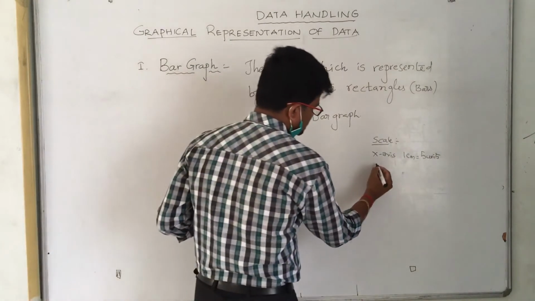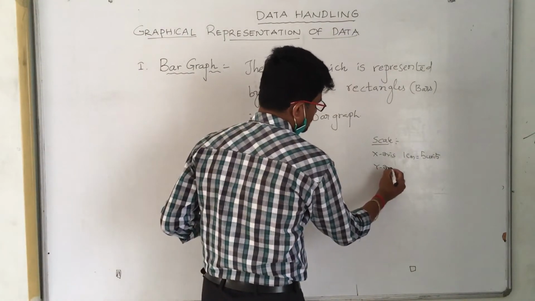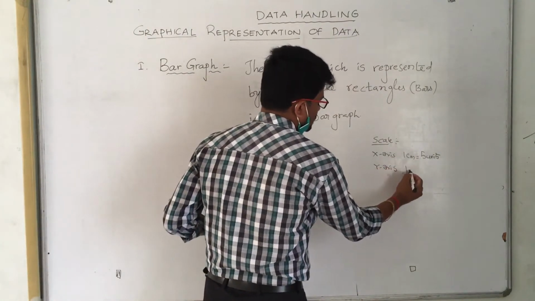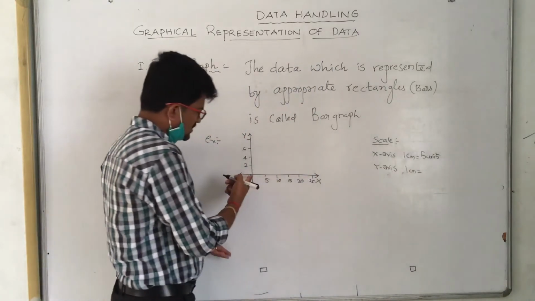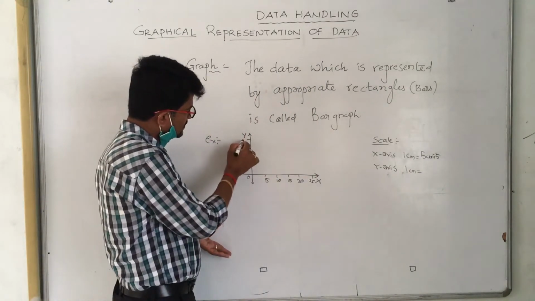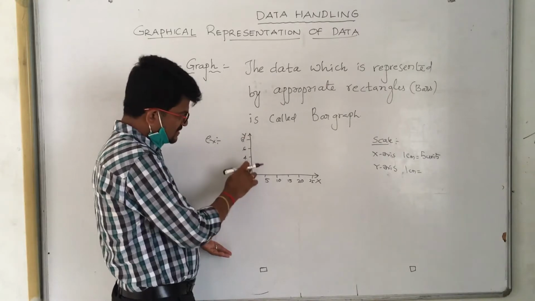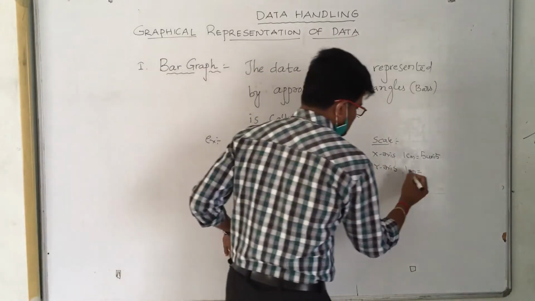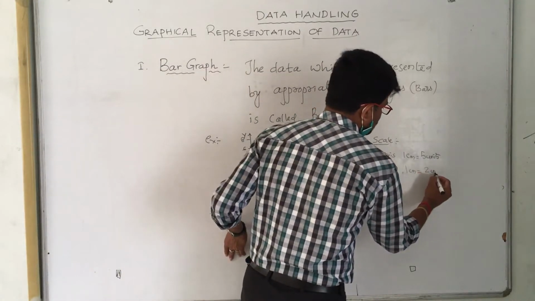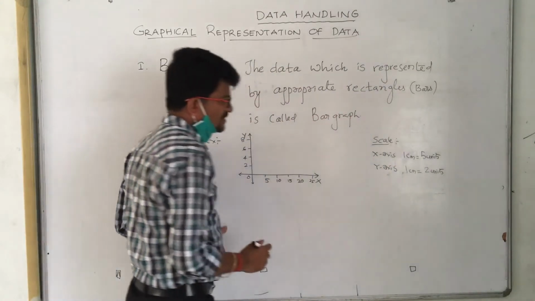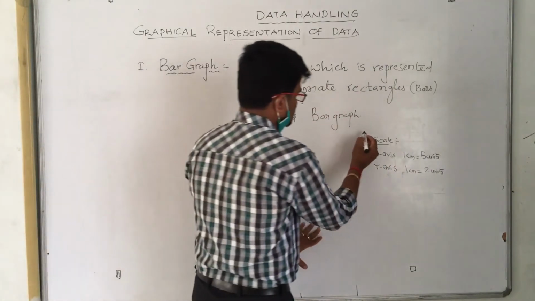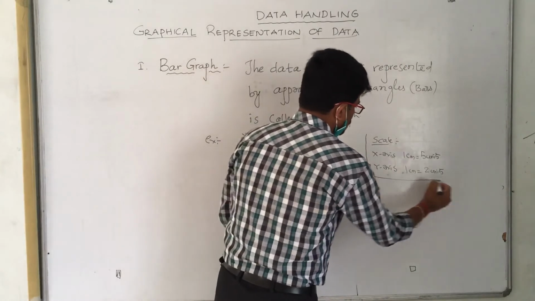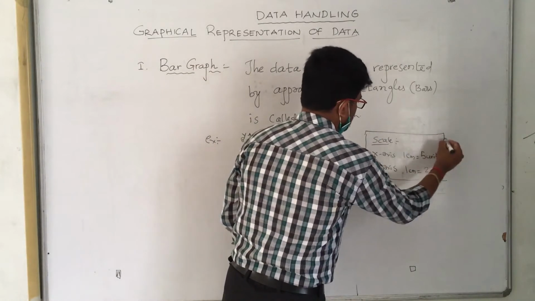And on the y-axis, 1 centimeter is equal to, tell me what is the scale here? 2, 4, 6, 8, the difference is 2. Therefore on the y-axis 1 centimeter is equal to 2 units. Okay, children, this is the most important. Scale is the most important.